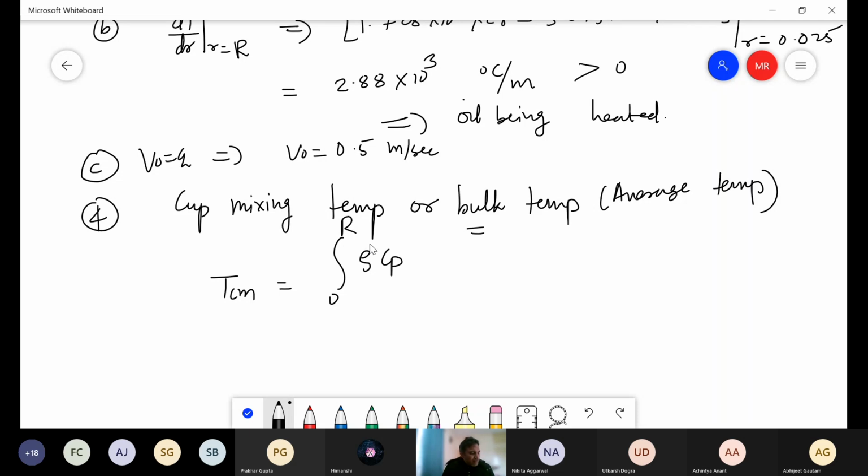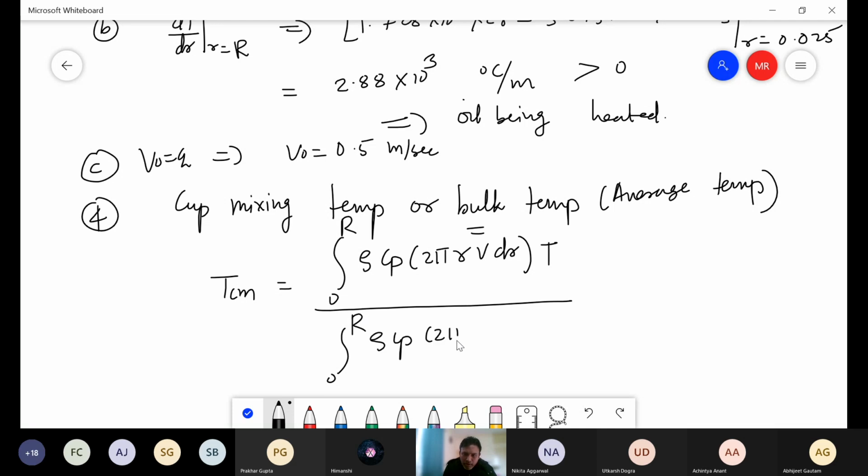Then 2 pi R V dR into T, divided by the integral 0 to R of rho Cp 2 pi R V dR. If you look at this expression, between 0 to R, the different quantities which are changing are rho, Cp, R and velocity V. Temperature is also changing.